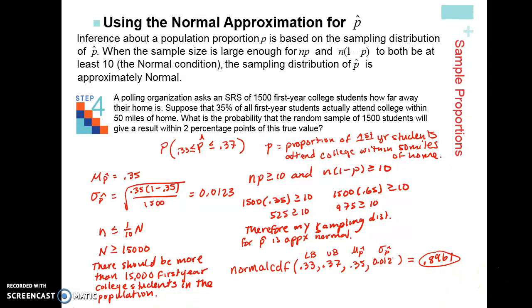But I can only tell you the chance of my sample being pretty accurate within whatever margin of error. But I can't actually tell you whether my sample is definitely representative of the population or not.